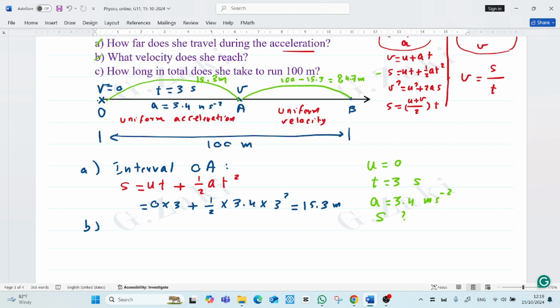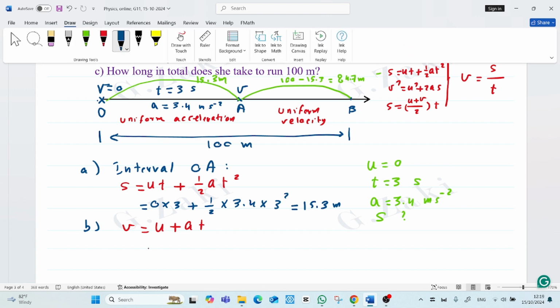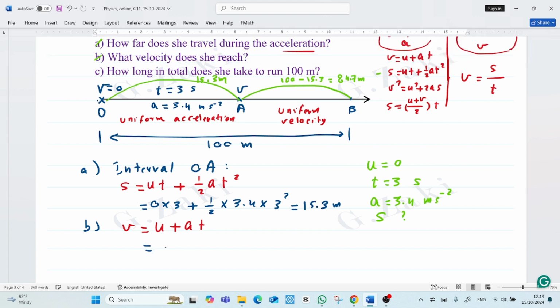What velocity does she reach? We need the velocity at A. We have U, T, and A. We need the velocity, so the velocity at A is U plus AT. Substitute: 0 plus 3.4 multiplied by the time, which is 3. The answer is 10.2 meters per second.